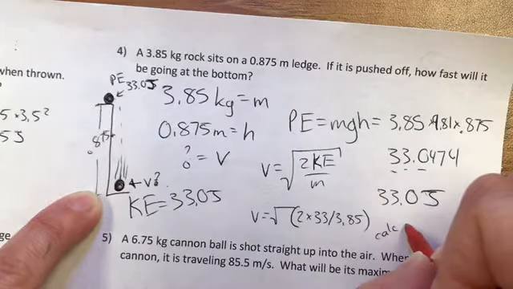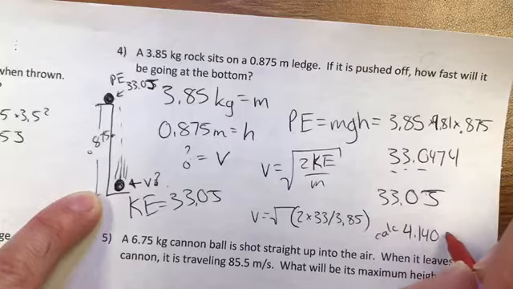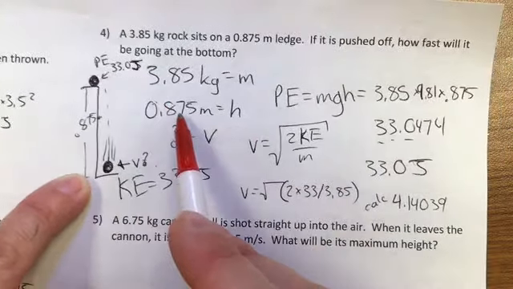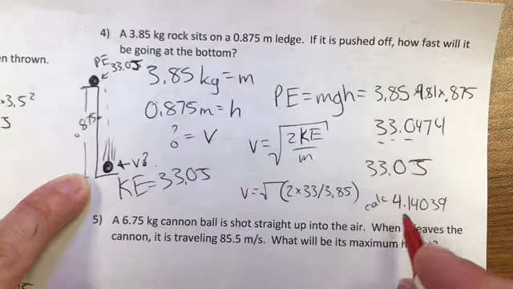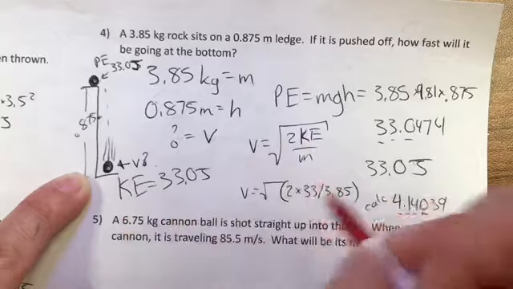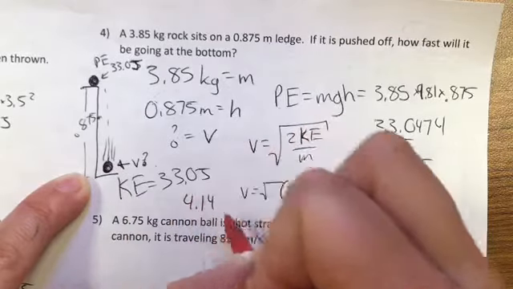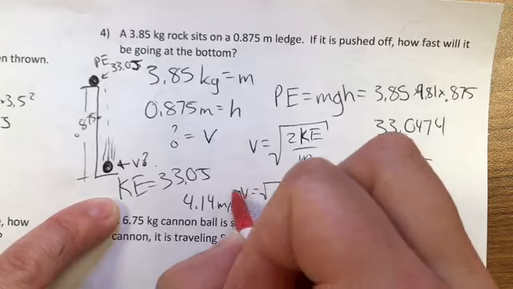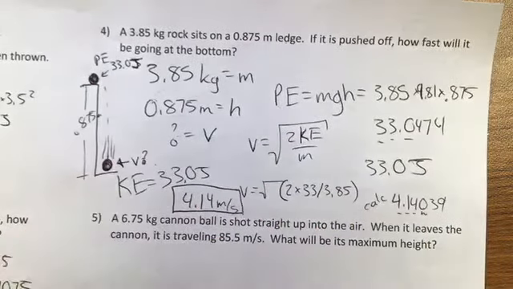Calculator says 4.14039. Sig figs, 3 sig figs, the 0 doesn't affect it, so 4.14 velocity meters per second. Cool.